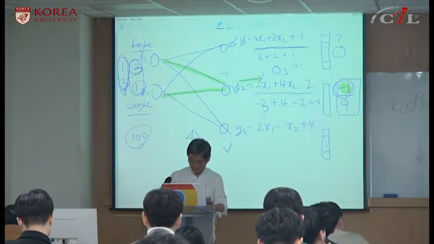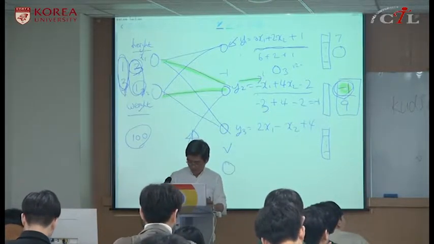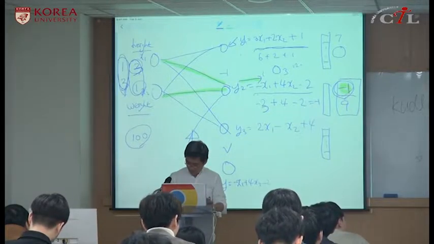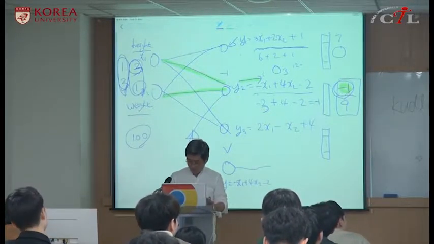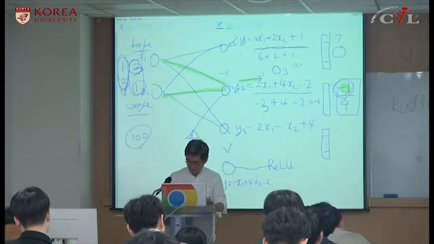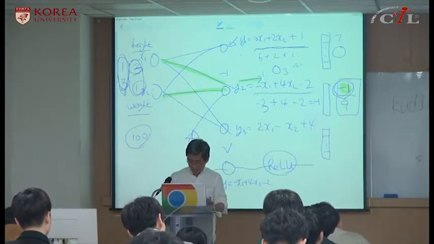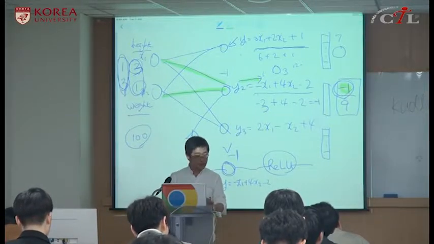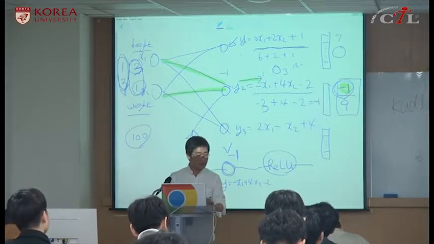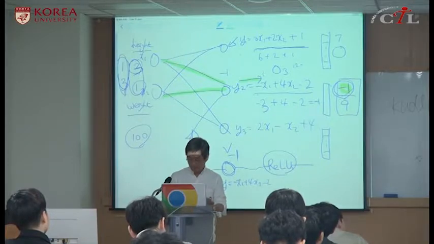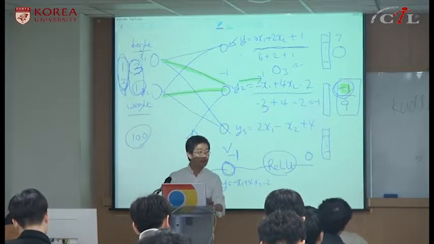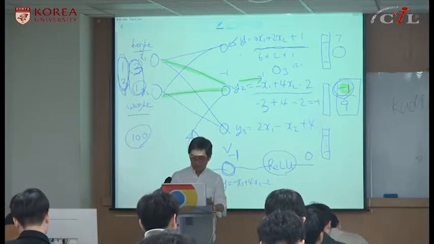And then we have a Relu over here. So here the forward pass has the output value as negative 1, and then the output of Relu will have 0, right? And then what about the backpropagation in this case?